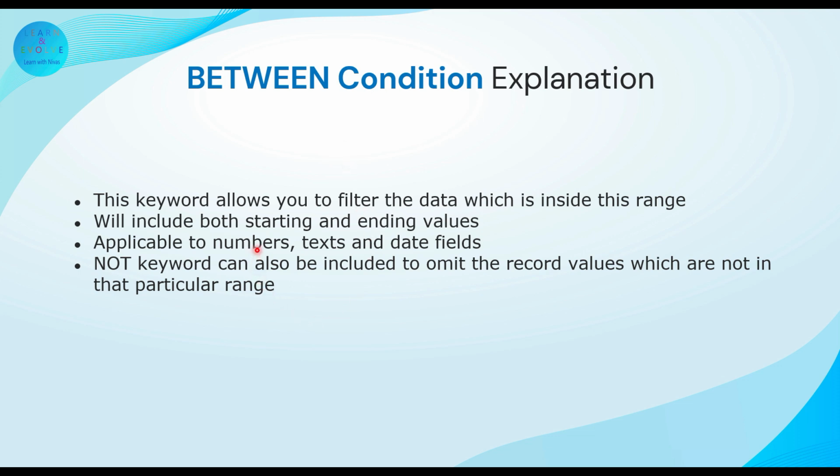You can use it for text, numbers and date fields. The majority of the time, numbers and date fields are used for the between condition. Text is not a very good choice for between, so I'll showcase each of these examples.